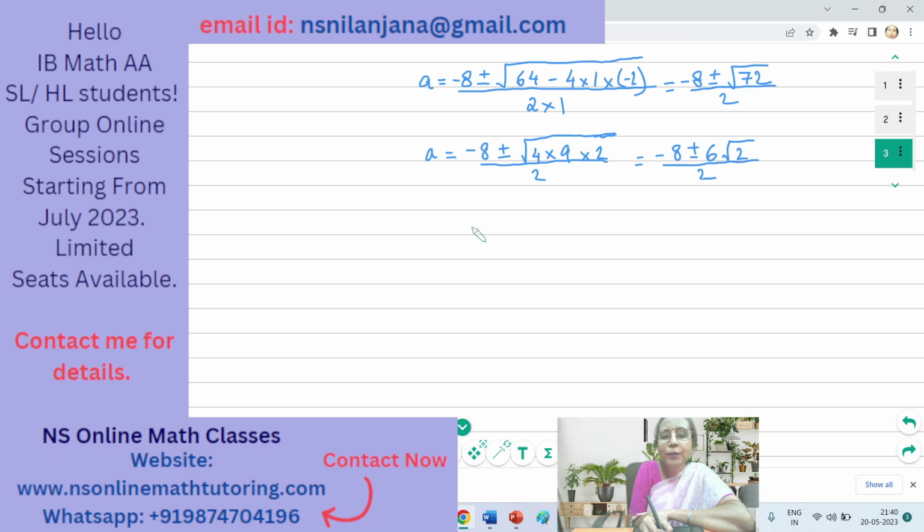And therefore, the a value is equal to minus 4 plus minus, 8 over 2 is 4 and 6 over 2 is 3. So the a value is either minus 4 plus 3 root 2 or minus 4 minus 3 root 2.